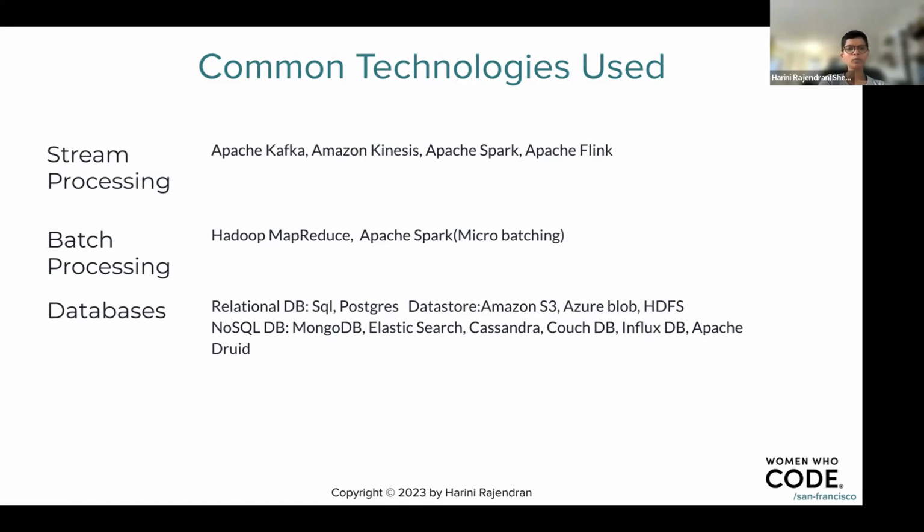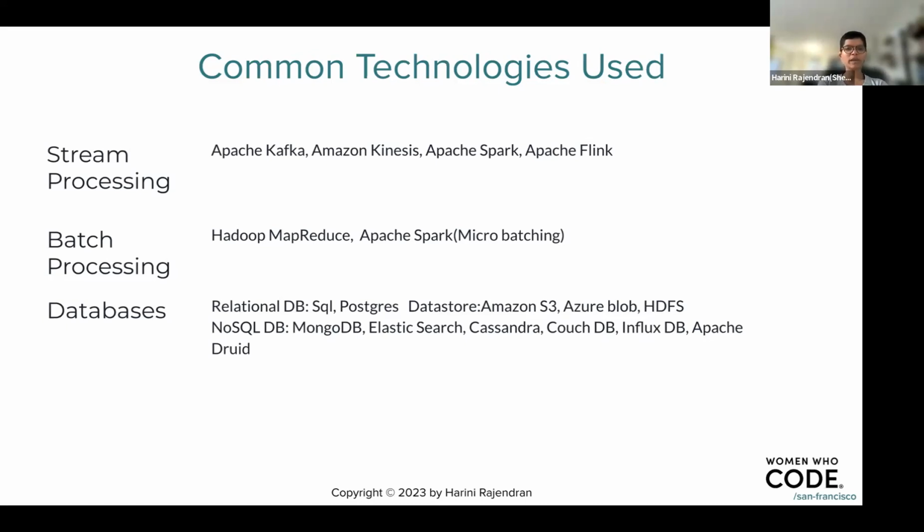And with respect to batch processing, Hadoop MapReduce is one of the famous ones. There you can load a huge volume of data, maybe at the end of the day or even at the end of the month, and run your batch jobs in a staging area, and then you could finally store the output of the jobs wherever you are interested in. So Hadoop MapReduce is one very common software that's used for batch processing.